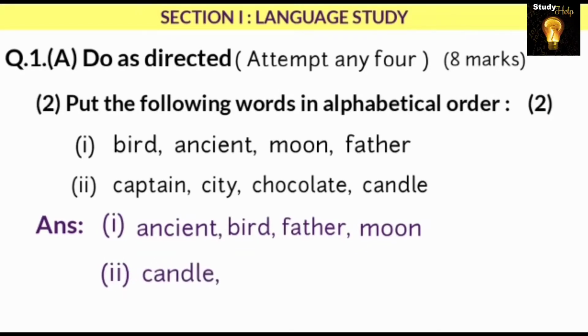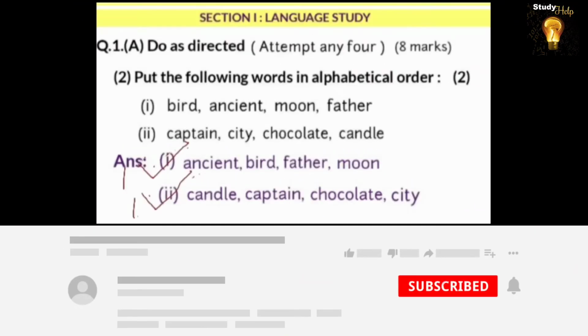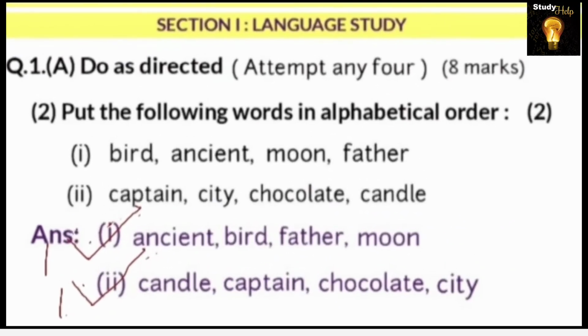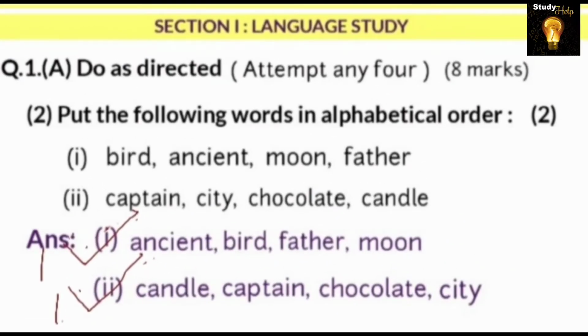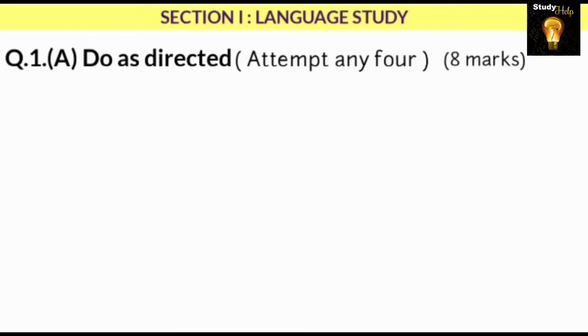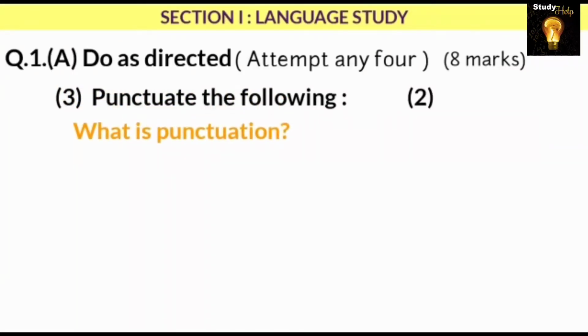Perhaps sometimes the second letter is also same for some of the words, and you have to find out these words and then consider the second letter also for the alphabetical sequence there. If you correct it, then you can get full credit, 2 marks for 2 sentences.